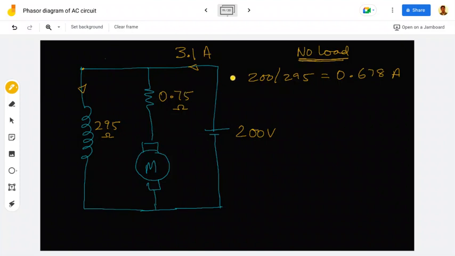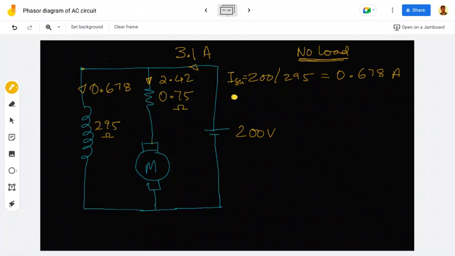This is the shunt field current. Now 3.1 is coming here, 0.678 is going there, so the remaining will come here, 2.42, right?